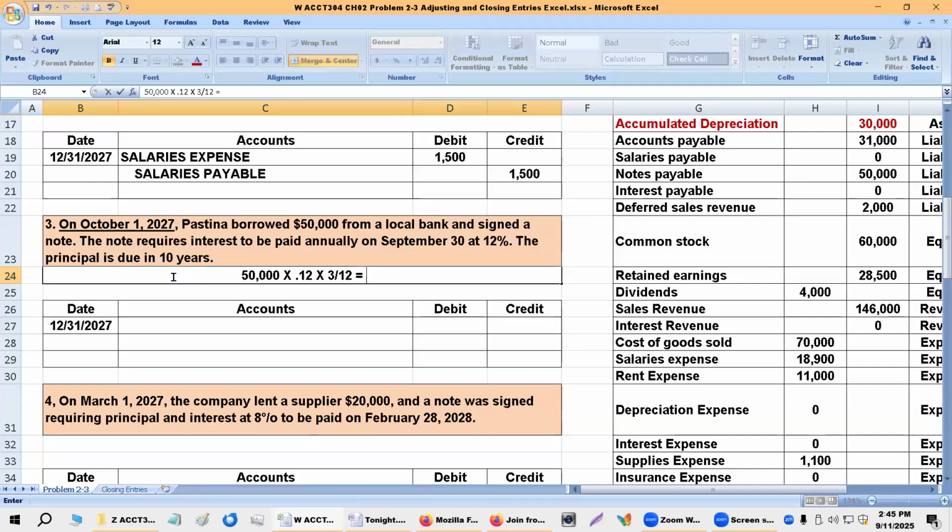Oh, I don't know what that equals. I'm in Excel, so it shouldn't be too much of a problem to do that. 3,000 times 12, 6,000 a year. Is it 1,500? Don't write that in. Let me go here.